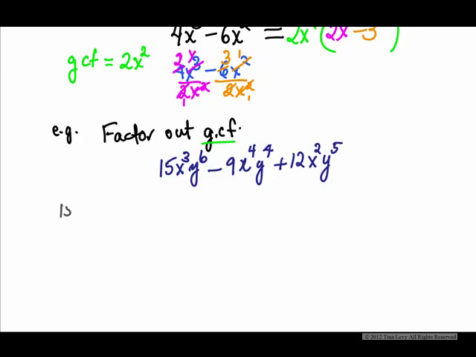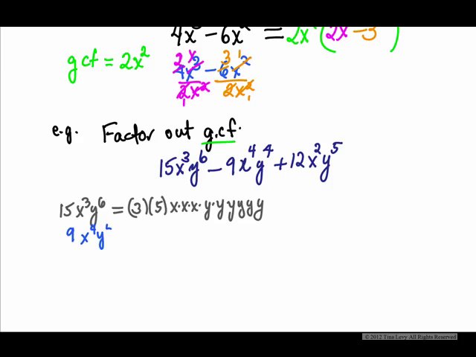15x cubed y to the 6th can be thought of as a 3 times a 5, and 3 x's being multiplied and 6 y's. Looking at the next term, 9x to the 4th y to the 4th is 2 3's, 4 x's, and 4 y's being multiplied.